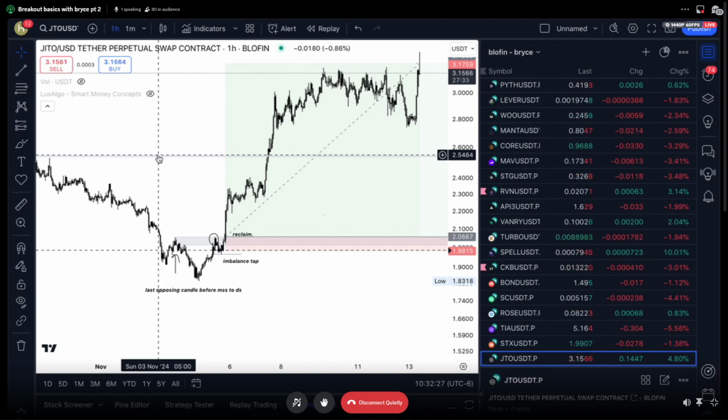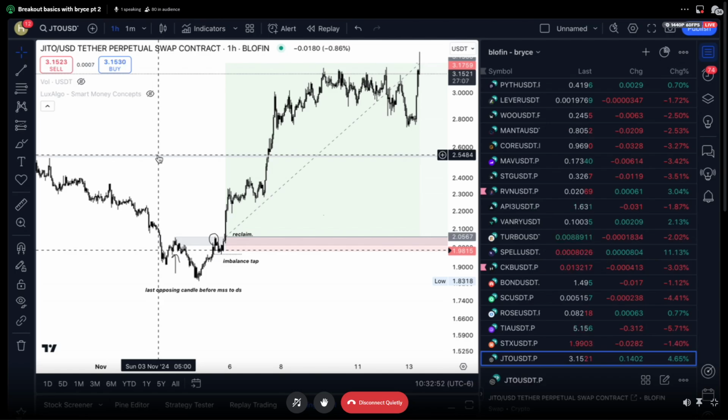Those are things that come from operating in this continuation setup mindset. You're going to start to pick those up. There are going to be times that you get stopped out. Stuff like that happens. But for the most part, especially in conditions like this, you have to be able to identify setups like that.